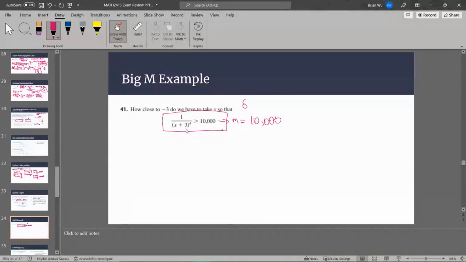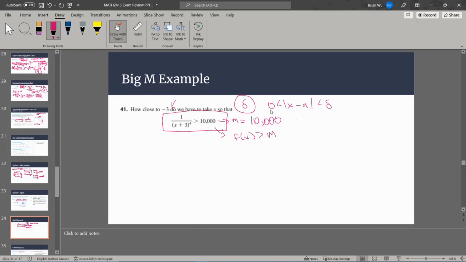So if we know that this is true, we're trying to find a number delta that corresponds to our M equals 10,000. So let's write the definition of delta. It's the absolute value of x minus a, and we know in this case a should be -3. That's less than delta. And this is essentially our f of x is greater than M definition already.